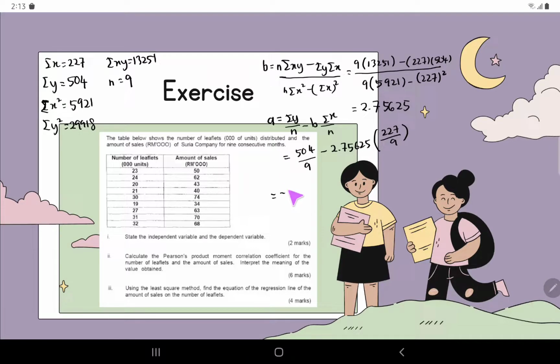So this is the answer, negative 13.51875. Then we just insert into the equation of the regression line, which is y equals a plus bx. So that is the answer for this question.